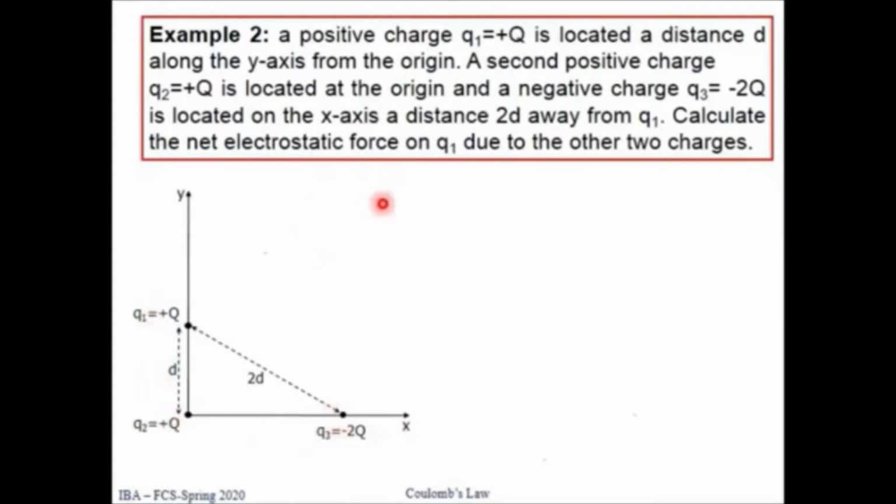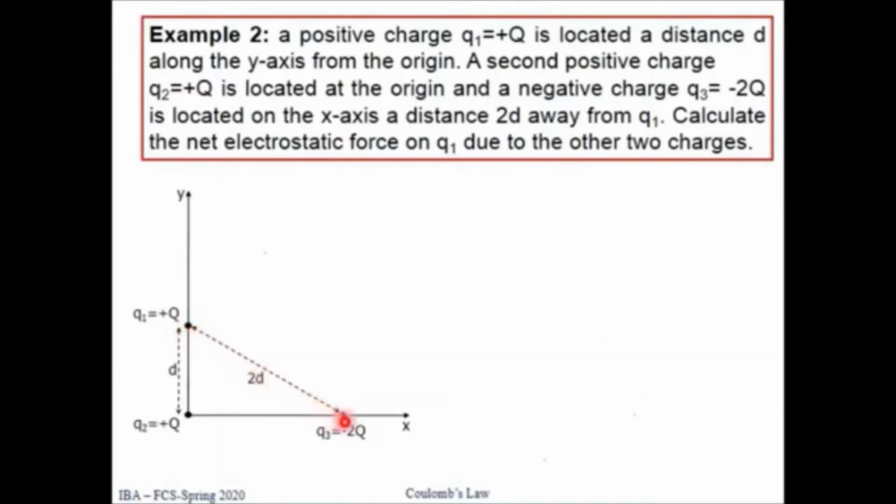As per the given problem, we need to find the force on Q1 because of Q2 and Q3. So in order to solve this problem, we need to find the force between Q1 and Q2 and the force between Q1 and Q3.